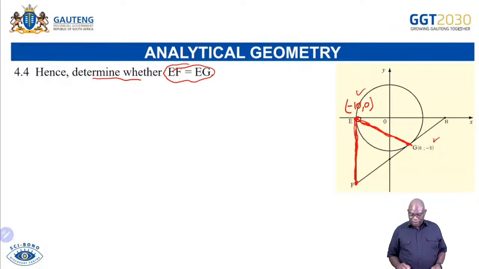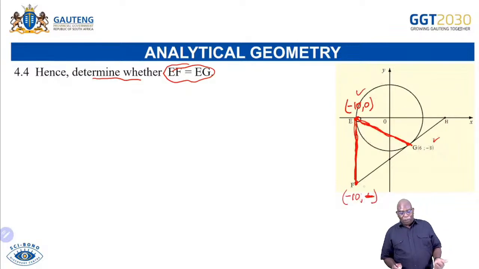I know that the x value at F is minus 10, but I don't know what is my y value. If I get my y value, I know the distance of that line. But how am I going to get my y value?